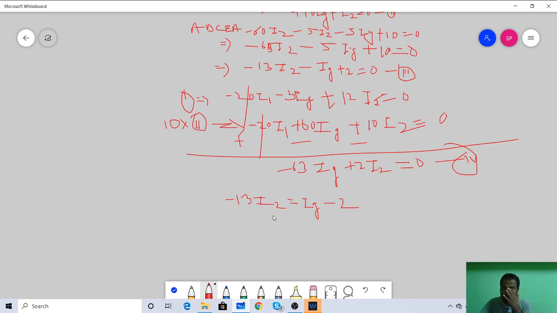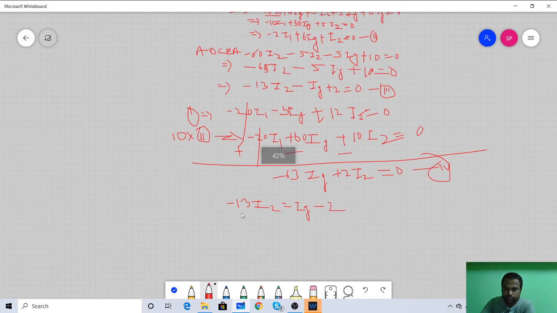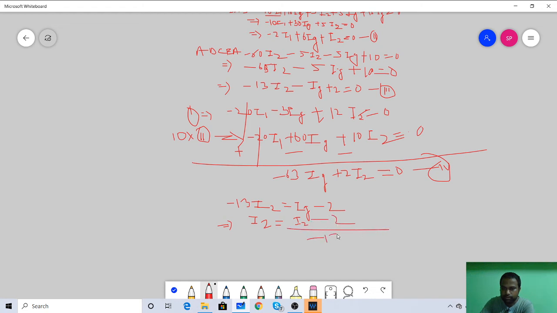Now you can write that I2 equals (Iz minus 2) by minus 13. Now I'll put this value in equation 4 and I'll calculate Iz.